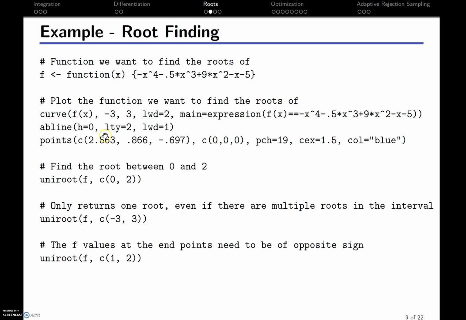And then we can look at how an interval from 0 to 2 might look and guesstimate what we think the root may be at that point. Then we'll take a look at the root between that interval 0 to 2 and see what the uniroot solution is.